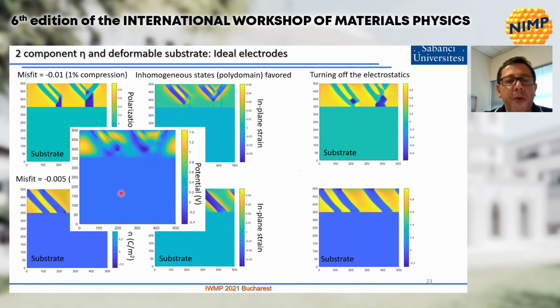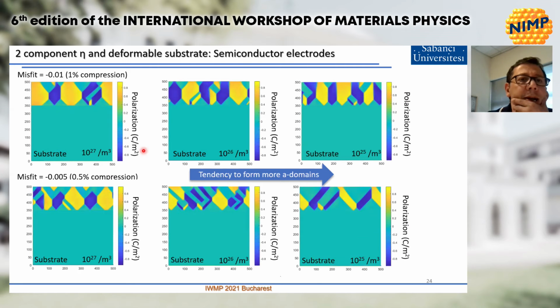If we go back and turn the electrostatics on, such systems will generate potential gradients from which the internal electric fields can be computed, and these might aid, for instance, the effect of domain boundaries on carrier transport.